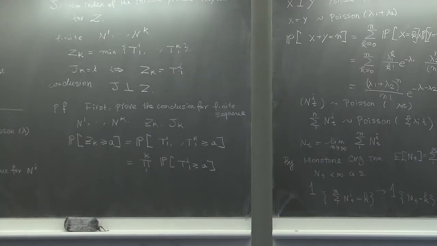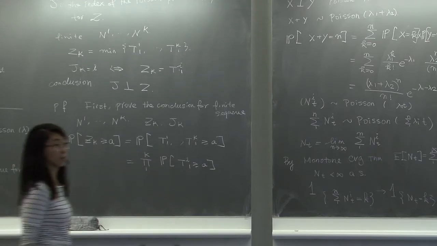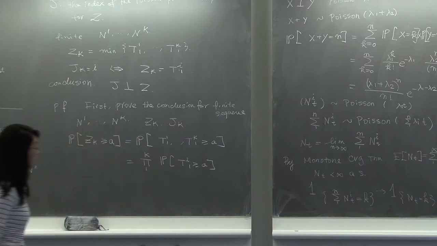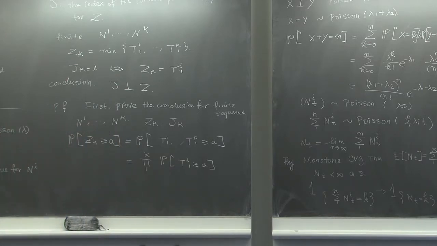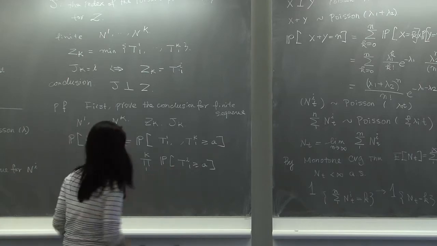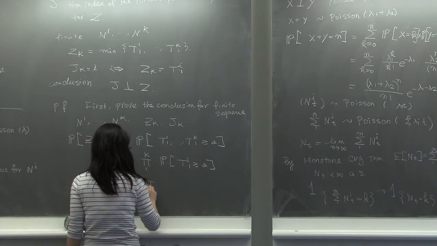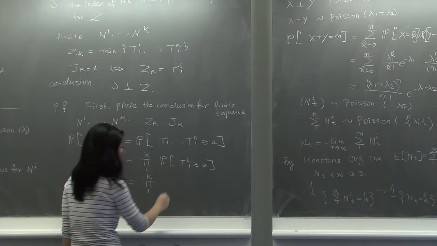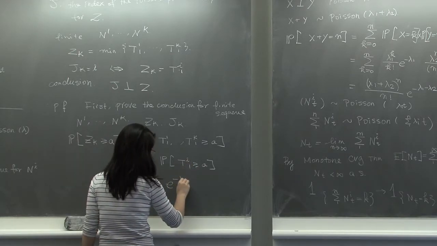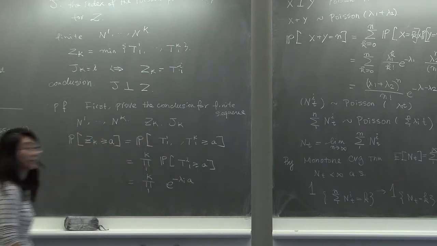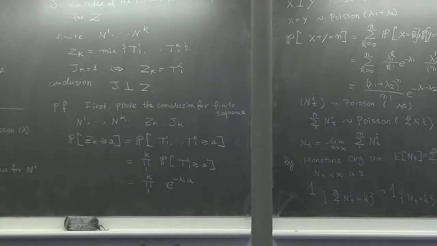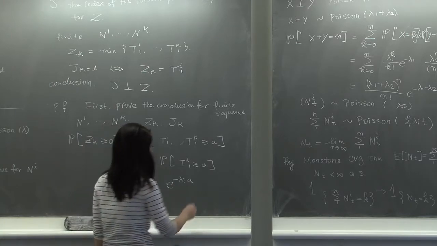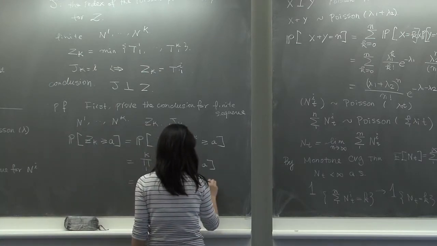And for each process, we know that each one is a Poisson process. So each time Ti satisfies the law of an exponential with intensity lambda i. So the probability that an exponential is greater than a is e to the minus lambda i a. And then we write the product in front as a summation in the exponent.